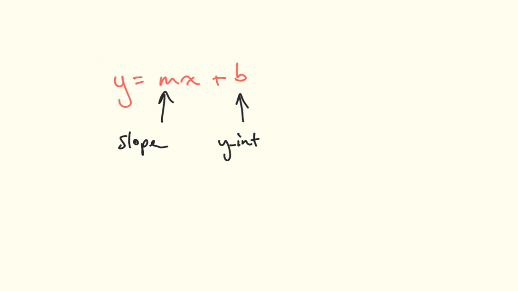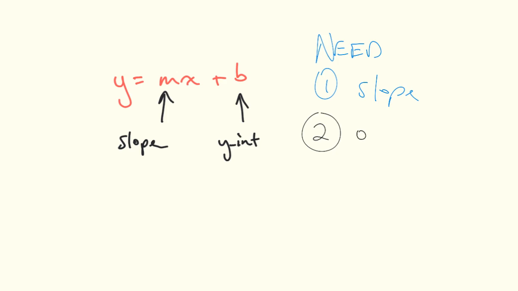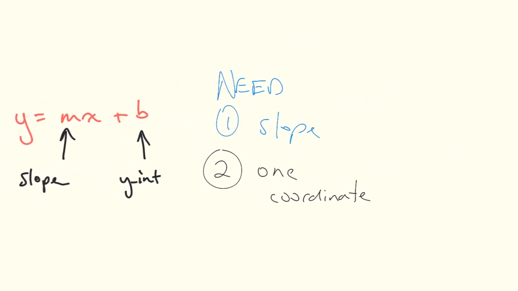In order to come up with the equation of a line, you will always need two pieces of information. One, you will need the slope, and number two, you will need one coordinate that you know is on your line, or that the line goes through. Now, the one coordinate will pretty much always be given to you, but as far as the slope is concerned, you may be lucky and it may be given.